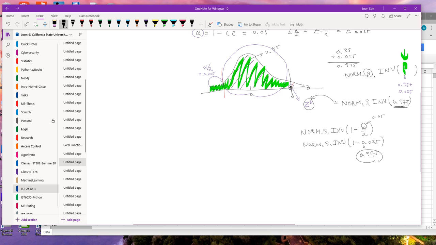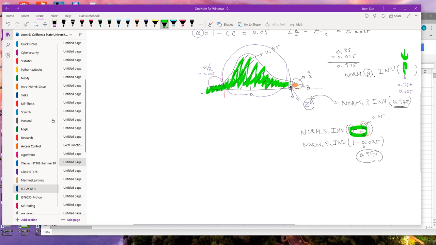If you think about it, the 1 means all the area underneath this distribution, minus just this part, which is alpha divided by 2, this orange part. Then the whole thing represents the green area.